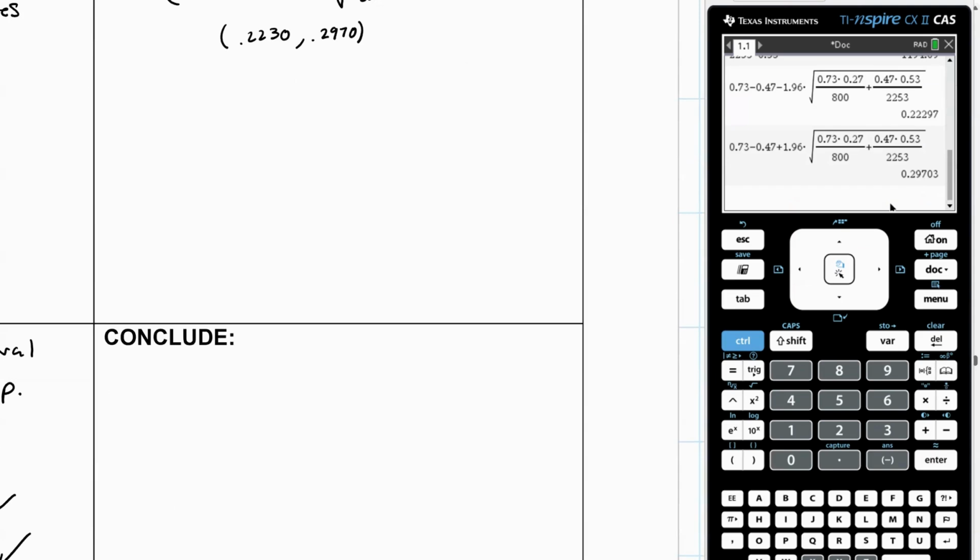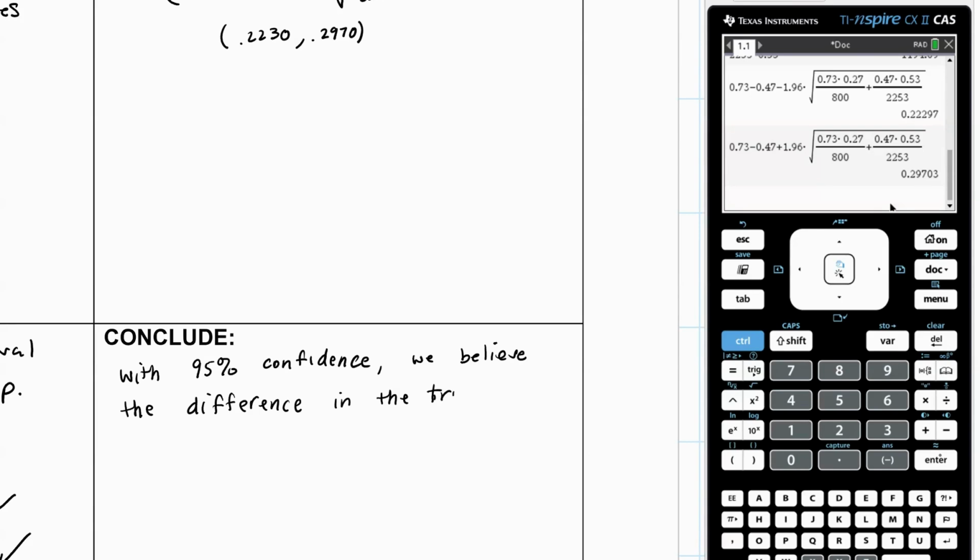Now the interpretation, and that is with 95% confidence, we believe the difference in the true proportion of US teens.